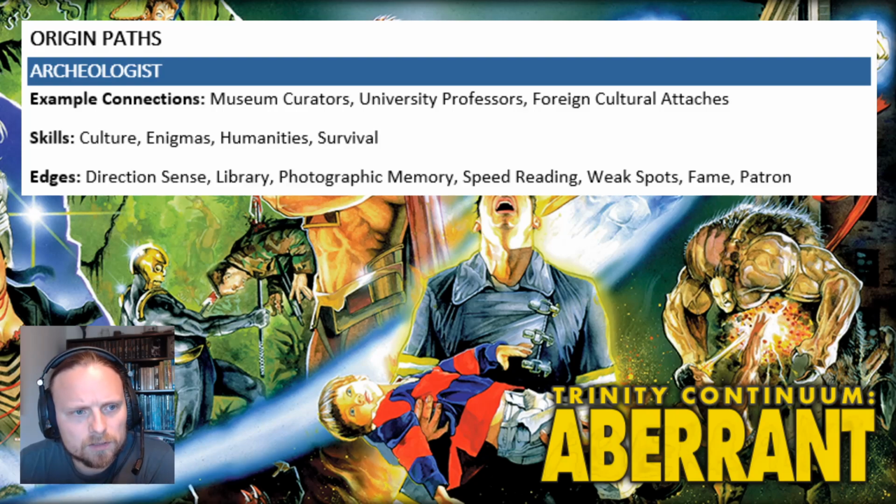Then for skills, you pick 4, and I went with culture, reflecting your cultural understanding. Enigmas, which is solving riddles and puzzles and figuring out stuff using raw brain power.